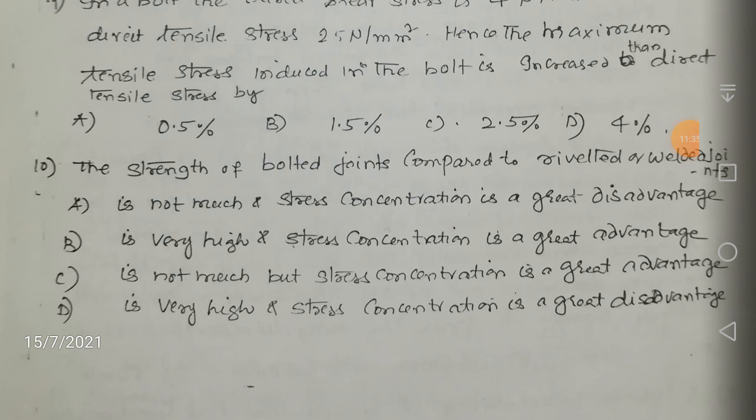Or is the strength of bolted joints very high and stress concentration a great advantage? Or is the strength of bolted joints not much, but stress concentration is a great advantage? Or finally, is the strength of bolted joints very high and the stress concentration a great disadvantage? Okay, boys. So I think we can stop here.